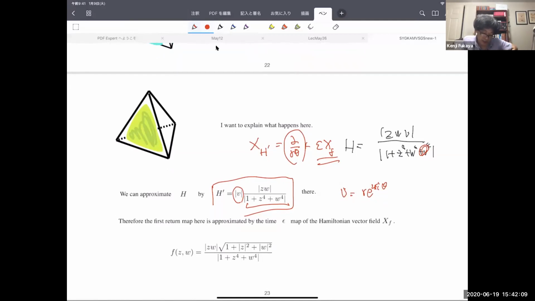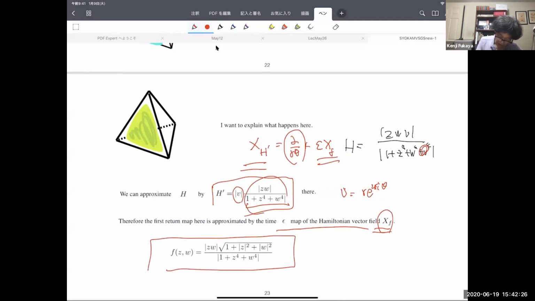If you want to see the first return map of this approximated Hamiltonian vector field, then what you need to know is the time epsilon map of the Hamiltonian vector field of this particular Hamiltonian F. And F is this function, which is close to C, and you have another thing here.